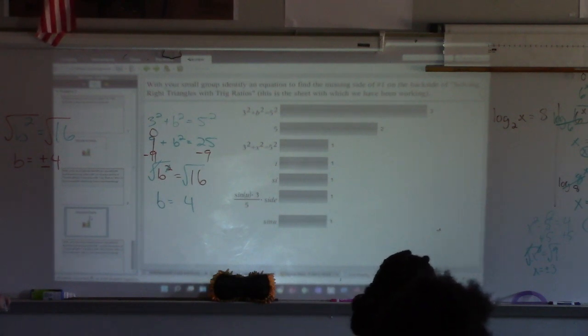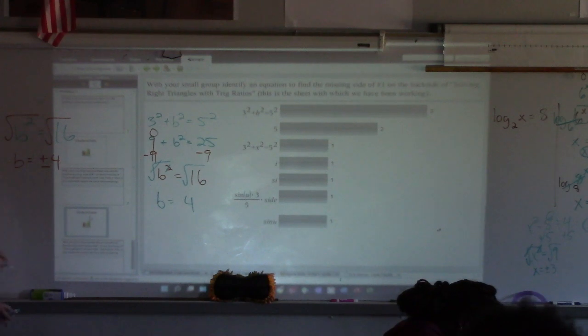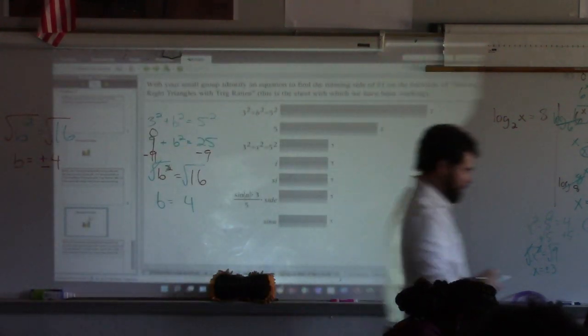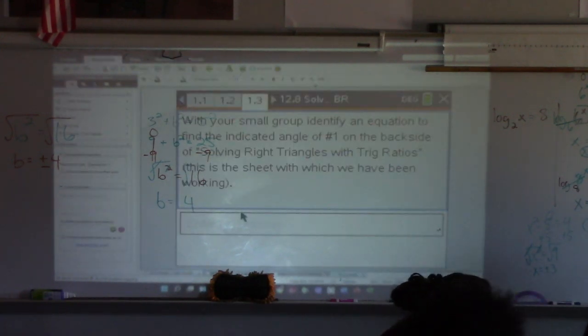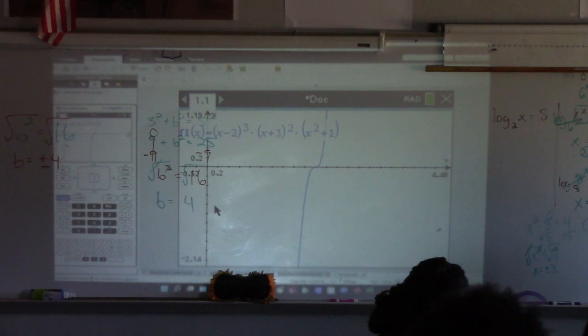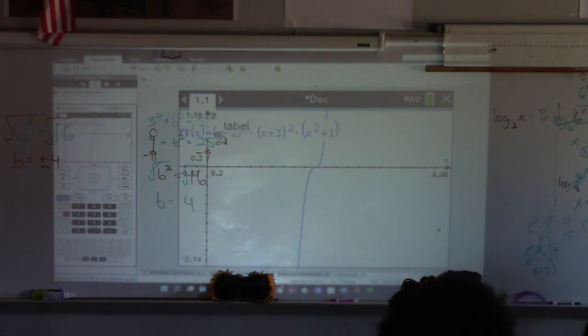First off, type in the square root of 16 in your calculator. Do you know how to get to the square root? Take the square root of 16. 4. If you aren't sure how to do that, let me open this. Notice there's a square root above the square, so you hit Control and then the square.